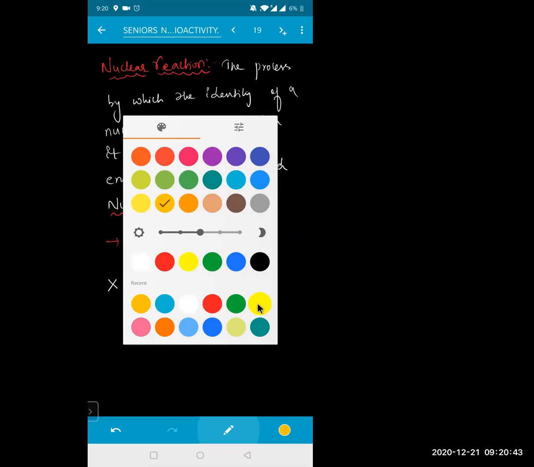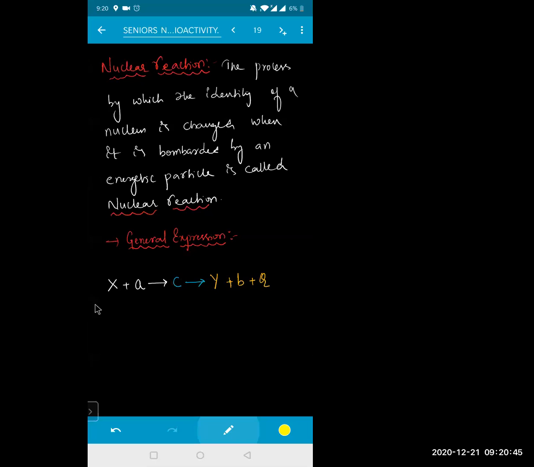I'll write it down here. X is the parent nucleus, and A is the incident particle.